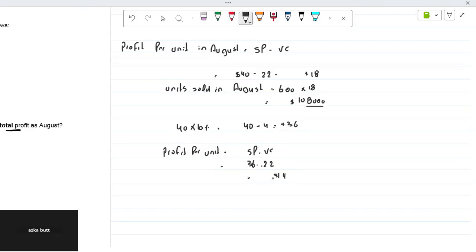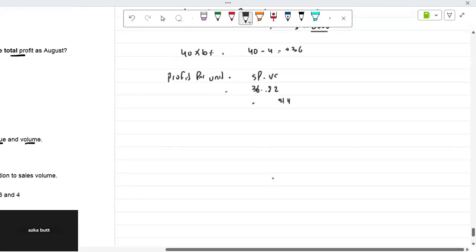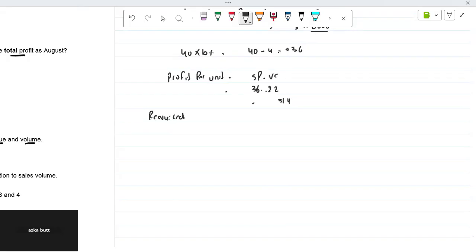Okay, so we need to find out the total profit in September to be equal to the profit in August, which was 108,000. Basically, we just want to find out the required units in September.